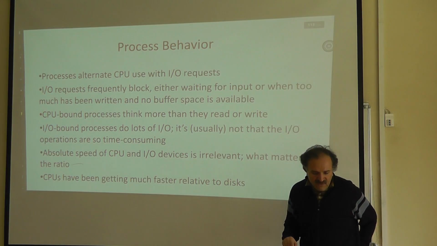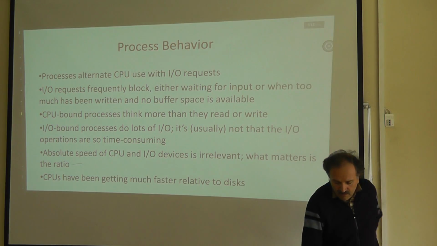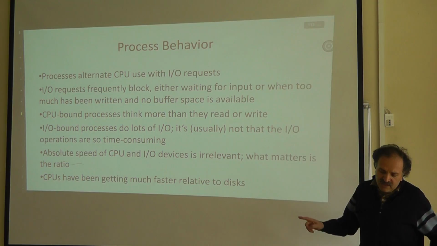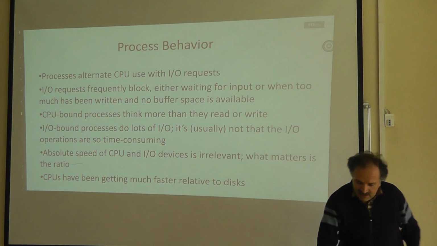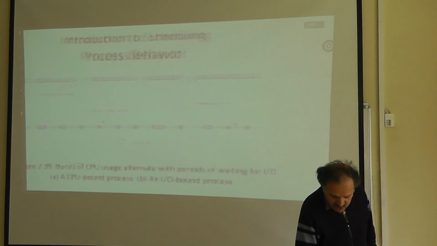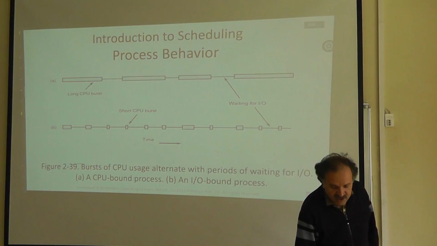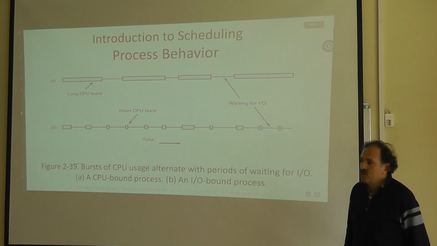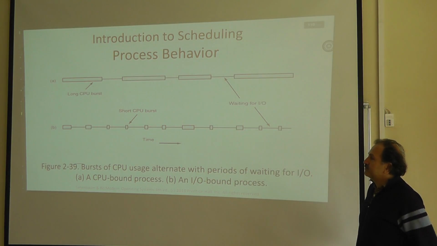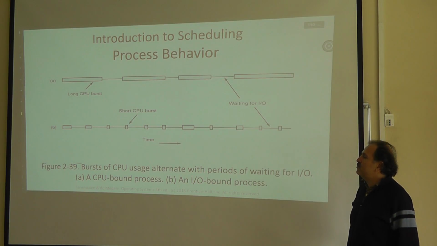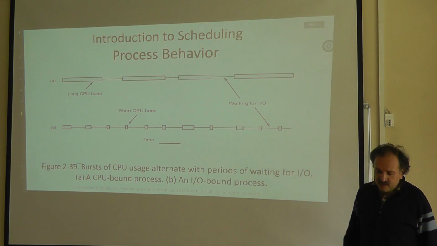CPUs have been getting much faster relative to the disks. So in this picture and this picture, the I/O wait areas are getting longer and longer with respect to CPU usage. That means that most of the time the CPU will be used for a very short amount of time, and most of the tasks will be waiting for the I/O to happen.